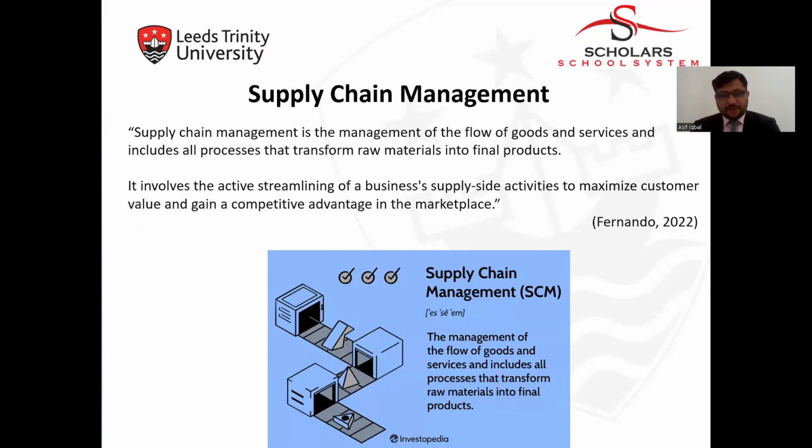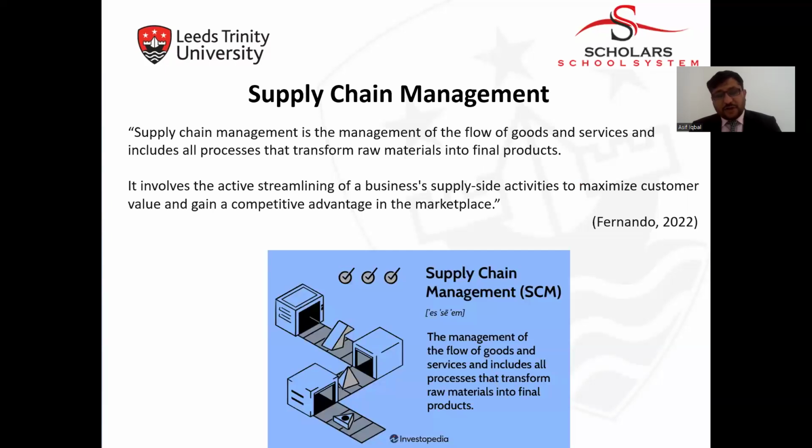Supply chain management. Supply chain management is the management of the flow of goods and services and includes all processes that transform raw material into final goods. It means that a business involved in manufacturing purchases the raw material and brings it to the warehouse, then carries out the processes and systems on it, and makes a final product that is ready to sell to the customer.